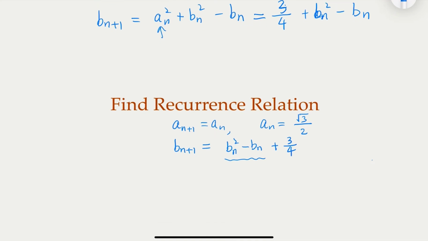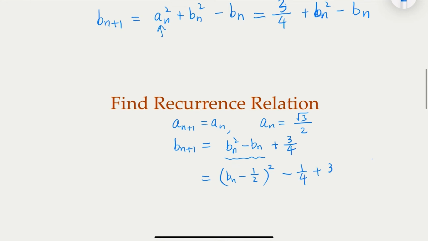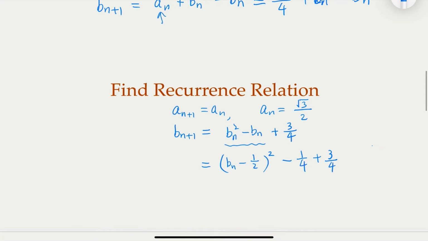So if you do that, it becomes bn minus 1/2, and then you have to square it because we complete the square. There is a constant term, which is 1/4, so you have minus that, and then plus 3 over 4. That becomes 2 over 4, which is 1/2. So in other words, this is equal to bn minus 1/2 squared plus 1/2.